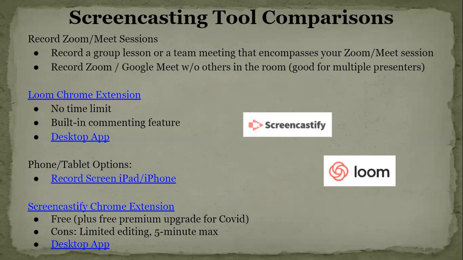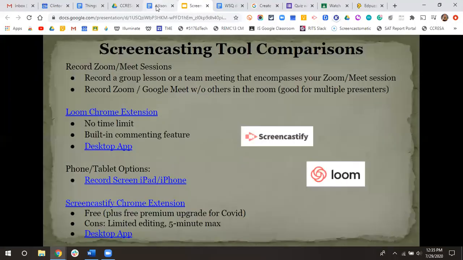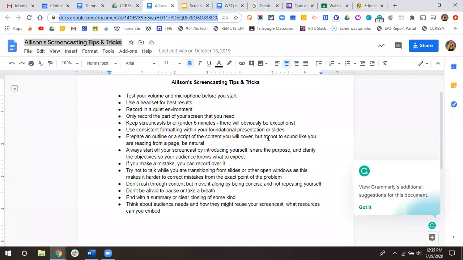Oh, also I have a little Allison's screencasting tips and tricks, so don't forget to check this out. This is a list that I created actually for our CCRESA staff before you make a recording. Just go through this checklist, and just a reminder, like volume, microphone, headset, all that stuff.